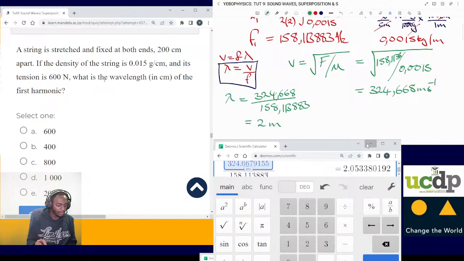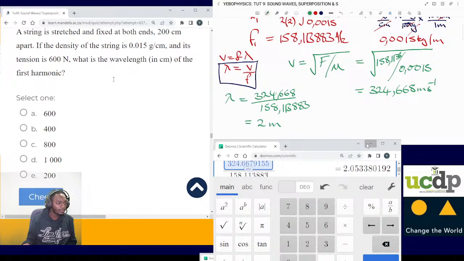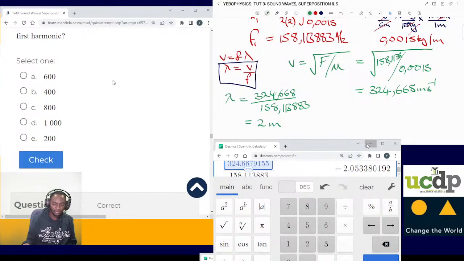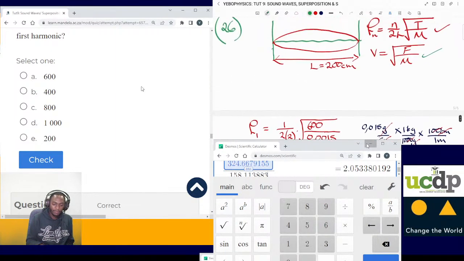It's giving us 200 centimeters. And here, what do we have?